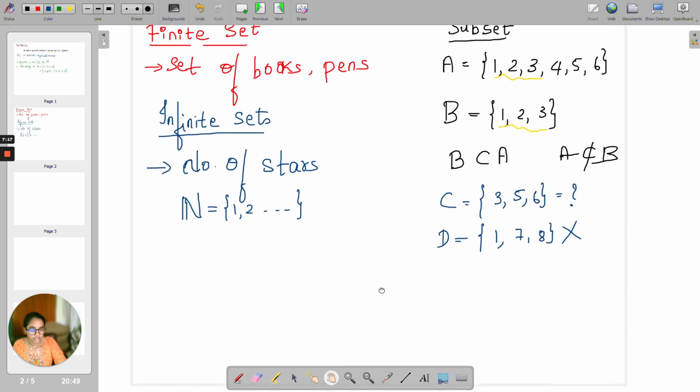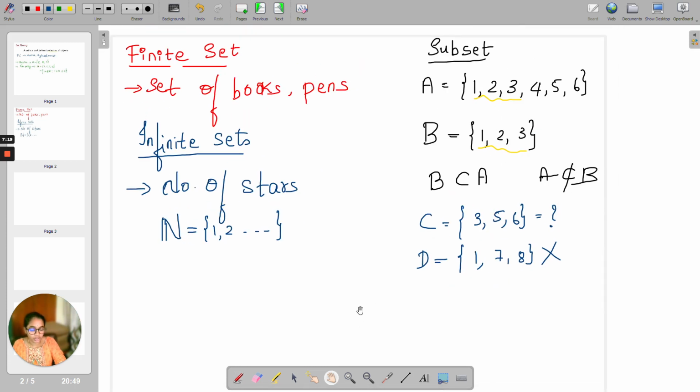Okay. Now, let me give you an example if you still did not understand this. Now I have my table. Let me take this table as a set. So there are books, as I told you, books, pens, and my PC.